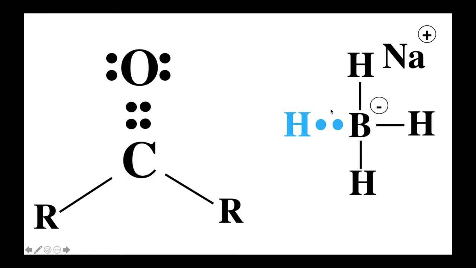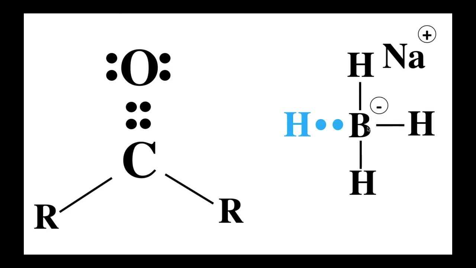What's important is the borohydride portion of the structure. Boron is in the 3rd group on the periodic table, meaning it is trivalent. It only needs to form 3 single bonds in order to have a formal charge of 0.